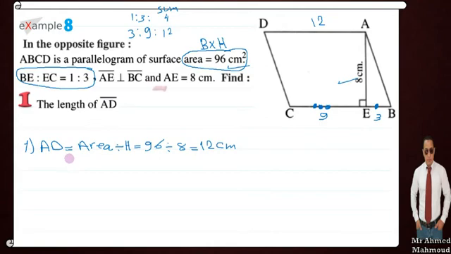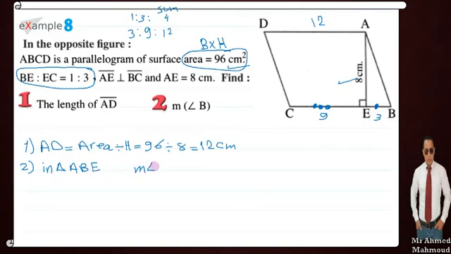As I said, required number 2 is the measure of angle B. Find the measure of angle B. Angle B is in triangle ABE, because this is the right-angled triangle. Angle B includes the opposite and the adjacent. The opposite and adjacent give the tan of the angle.